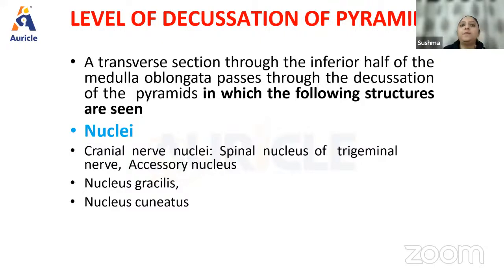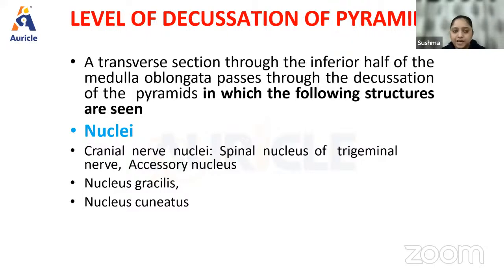I keep repeating this point a lot of times. The trigeminal nucleus is a very big nucleus which has three different parts: mesencephalic, principal, and spinal. All three parts of the trigeminal nuclei carry different sensations from the entire body wall.